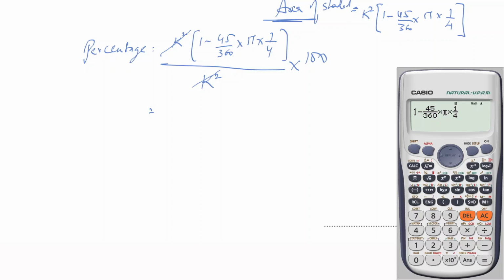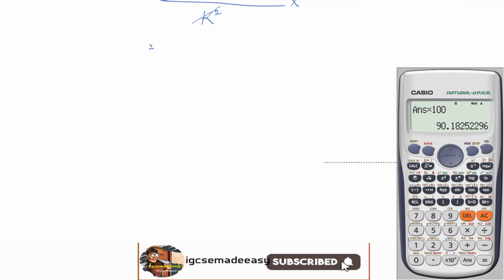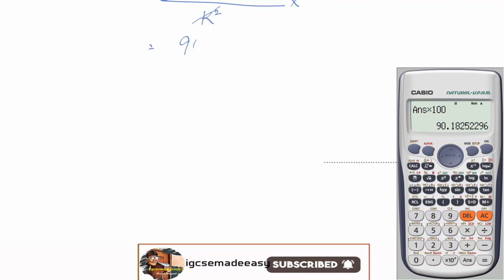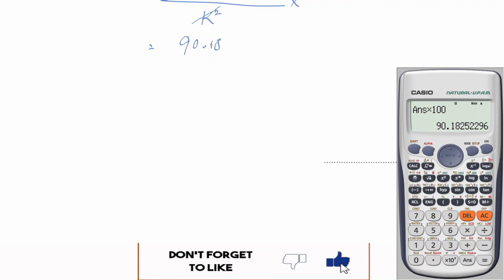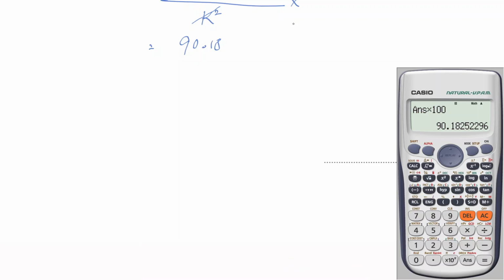Because it's in a bracket, I put equals to, and if I multiply that answer with 100, then I'm getting 90.18. That is the percentage of the area that is being shaded, right? 90.18. You can even write 90.2.